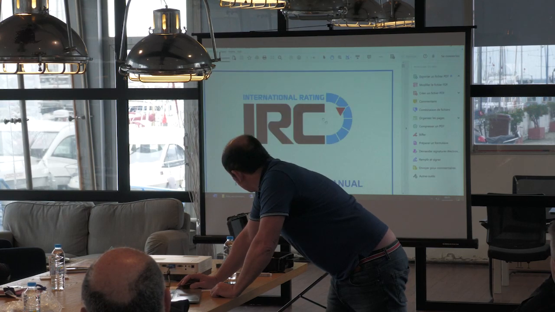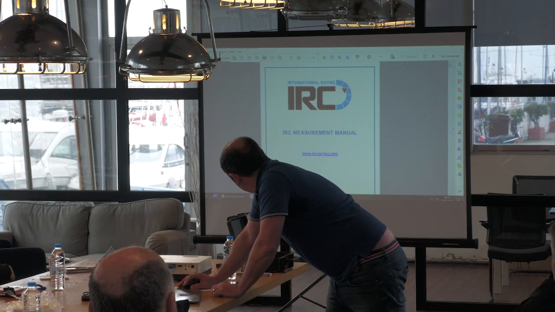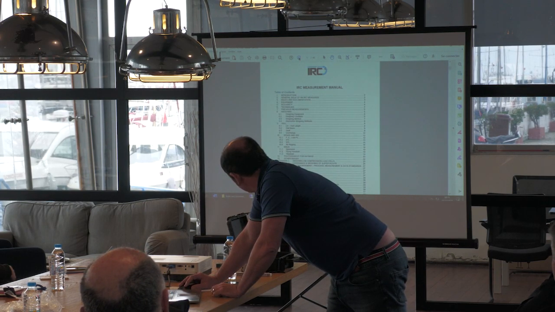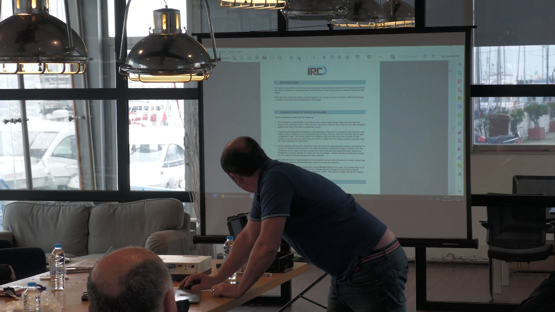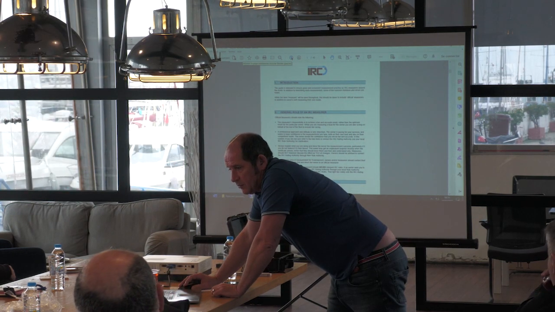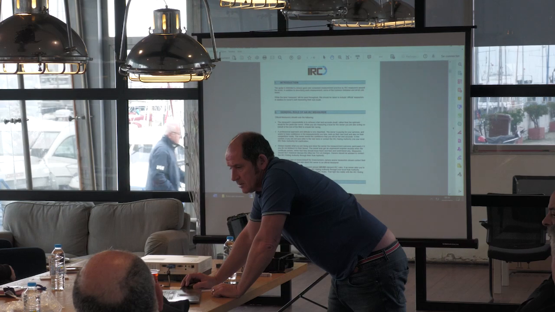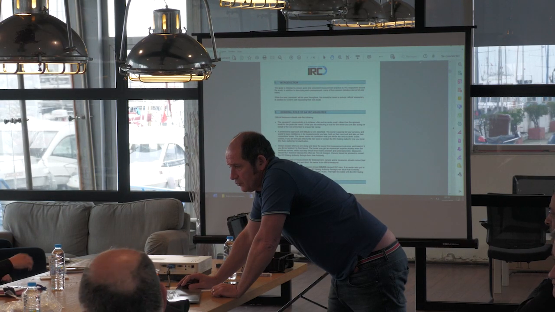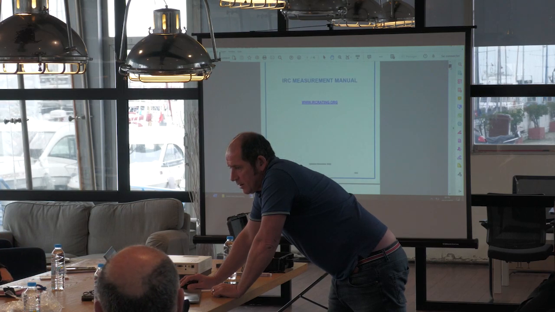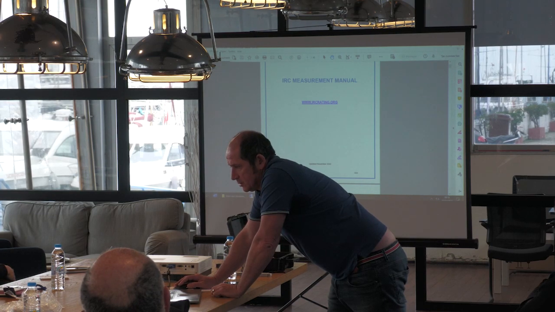And this one, which is the IRC measurement manual, where you will find many details about measurement operations. It's written by Rock and my office, and here you will find approximately all I will tell you today, and many details are given here. So this one may be very interesting for you to read. You will have it in the documentation. The last update was from November of the past year, so we're very okay for this year.